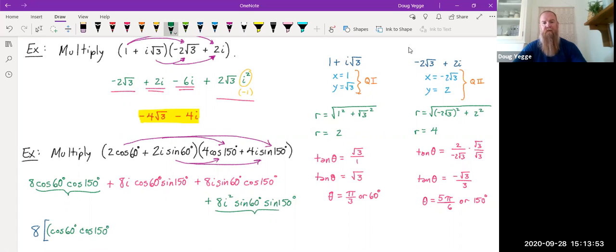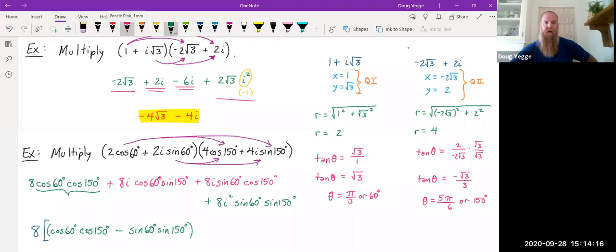And then over here, this is going to be a real number as well, except that now notice I'm dealing with i squared. So since this term has an i squared, I know that I'm now subtracting sine of 60 degrees times sine of 150 degrees. And that takes care of the first part.